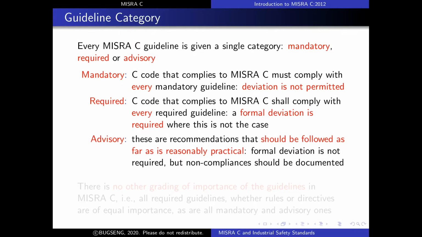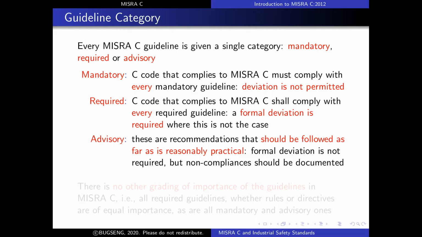Then there are advisory rules. These are recommendations, so they should be followed as far as reasonably practical. So formal deviation is not required, but at the end of a project, if you want to make a sound claim of MISRA compliance, you should list all the violations of the advisory rules.